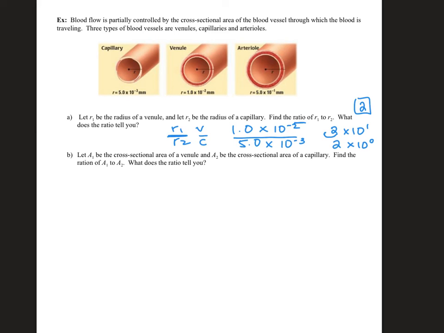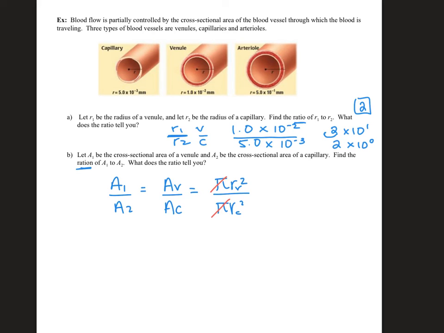And so then it asks us to find the ratio of area 1 to area 2, and this time area 1 is the area of a venule, and this is the area of a capillary. And so to find area of a circle, we do pi r squared over pi r squared, but this is our venule and this is our capillary. Now you can see right away, pi's are going to cancel.